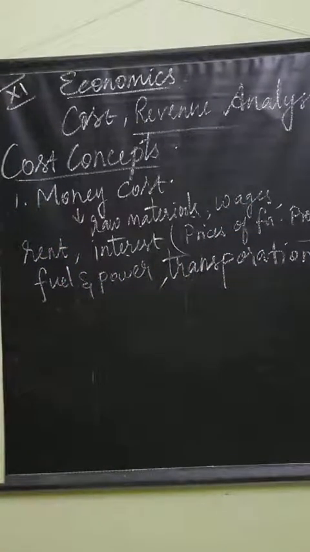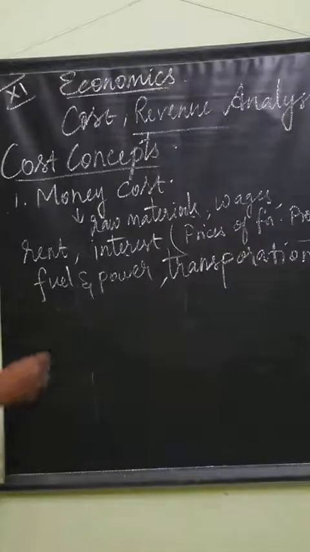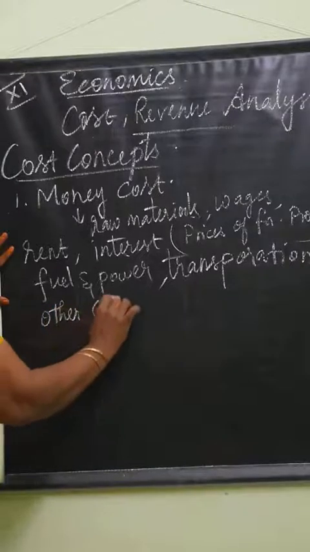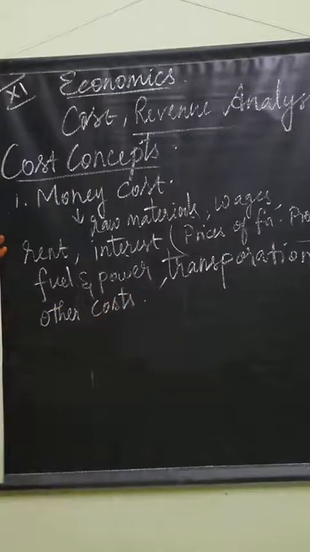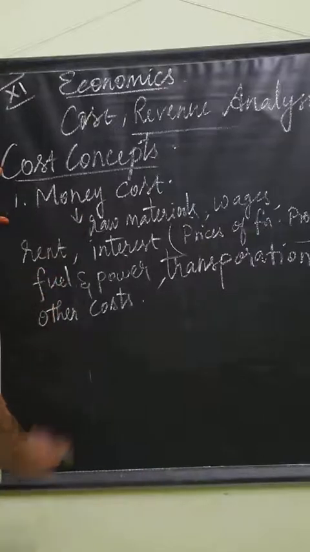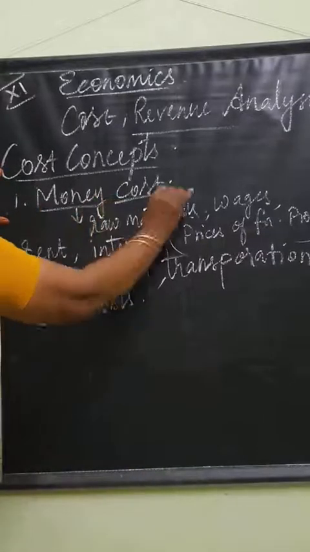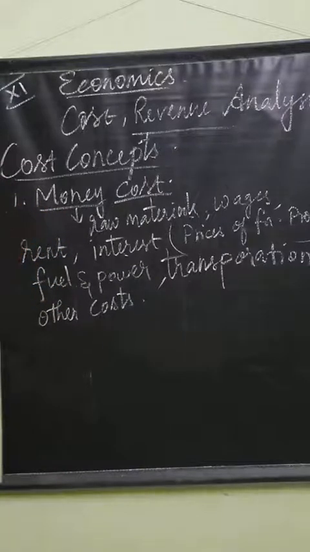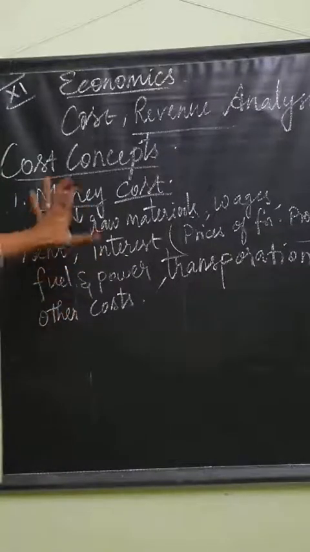So transportation, and also other types of expenses related to the cost. So to purchase or to spend on these things, we use money. So the amount which is spent for these things is called money cost.